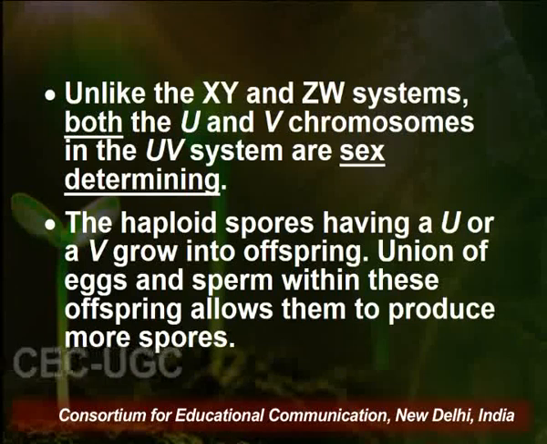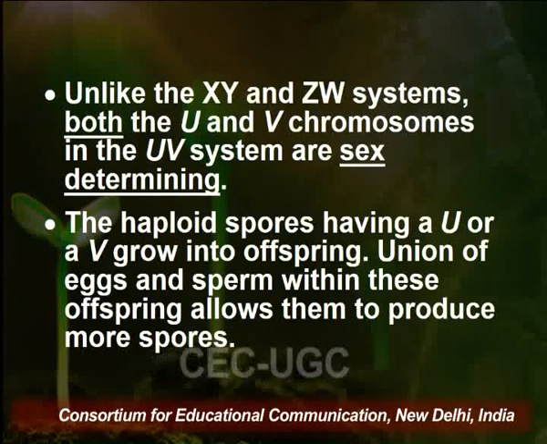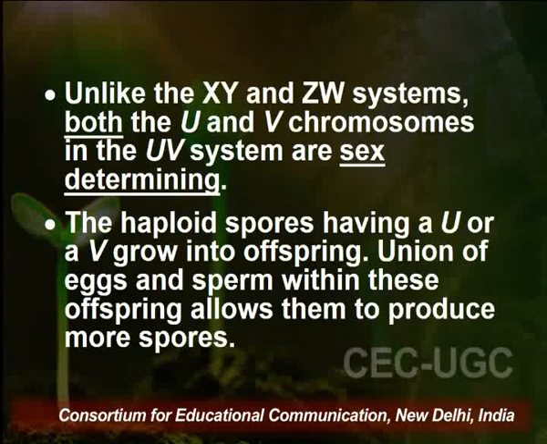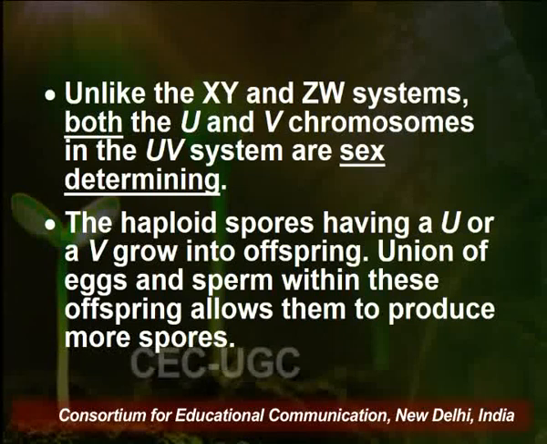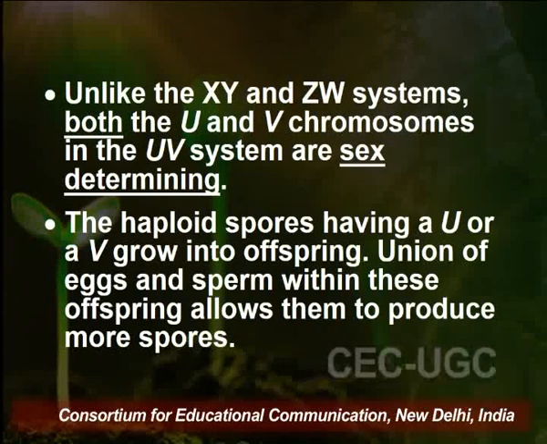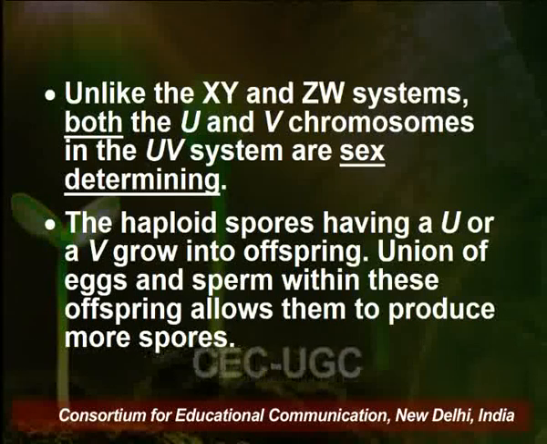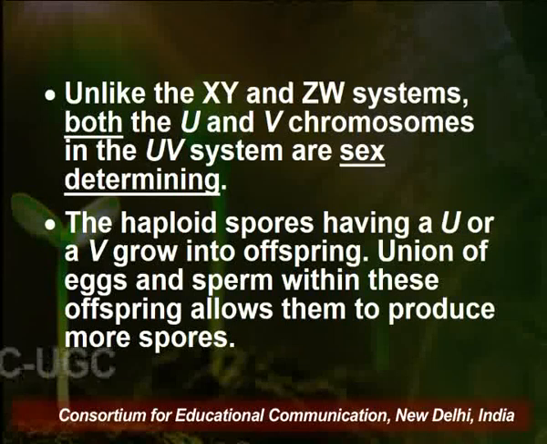But there is a big difference. Unlike the XY and the ZW systems, both the U and V chromosomes in this system are sex determining. In one case, it was only Y which was deciding. In this case, U also decides and so does the V.